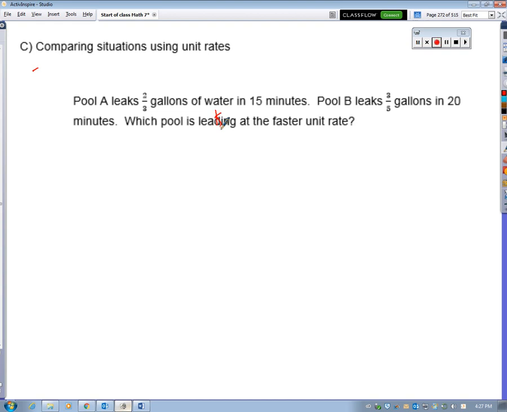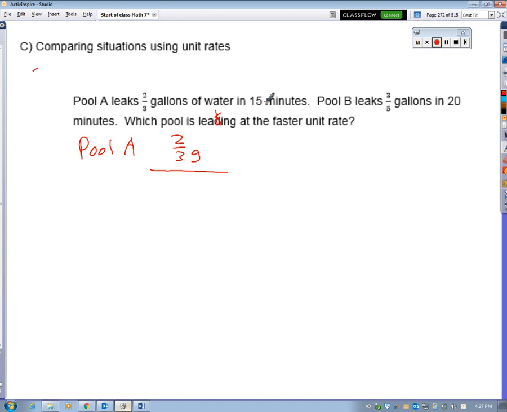Okay, so we're going to set this up. We're going to make a fraction for pool A. Our fraction is going to be 2/3 of a gallon. I'm not going to put this over 15 because I want to know how much water is leaking in an hour.